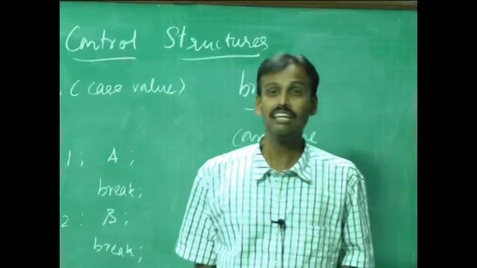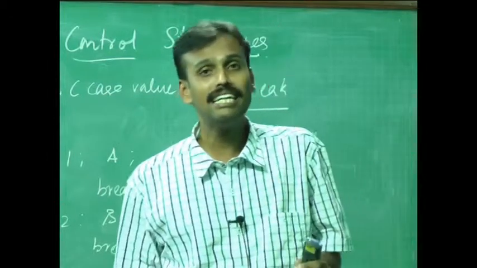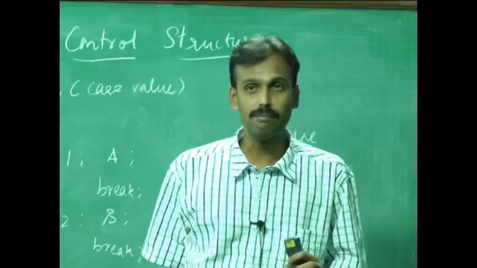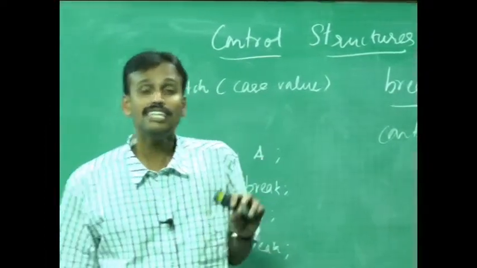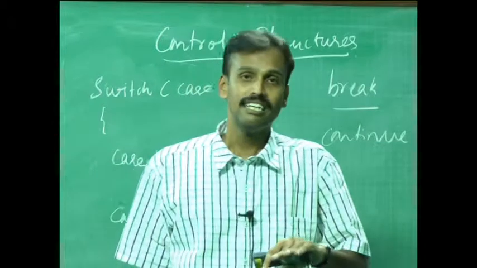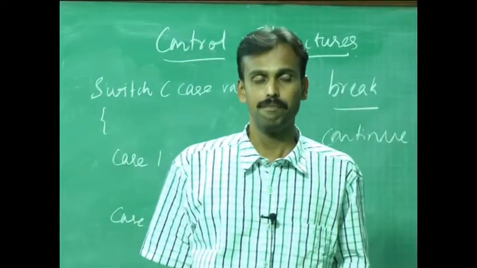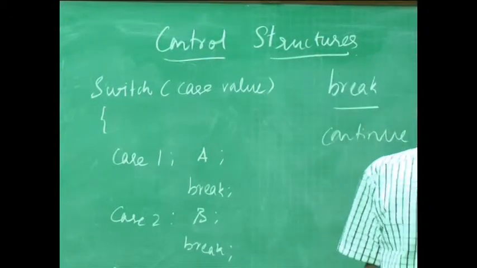Then the loop continuation test is evaluated immediately after the continue statement is executed. For a for structure, the increment expression is executed, then the loop continuation test is evaluated. So this is how continue is done for the different kinds of structures.